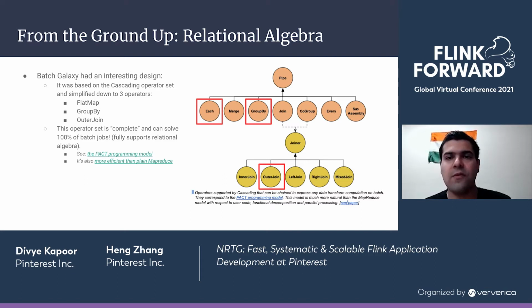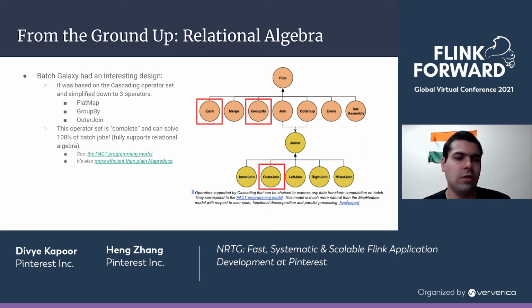If you're familiar with theory, batch is built upon relational algebra, and Cascading was our lingua franca for batch for a very long time. Now it's Spark. Batch Galaxy was built by simplifying the operators needed to implement relational algebra to the very minimum, just 3, which are flat map, group by, and outer join.